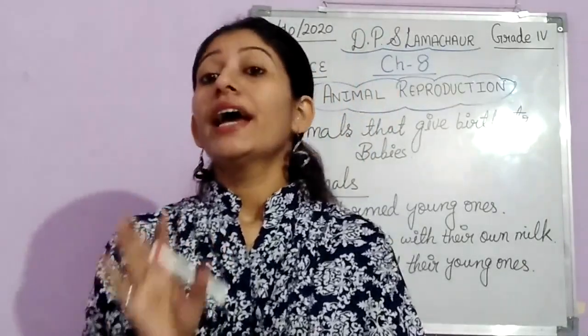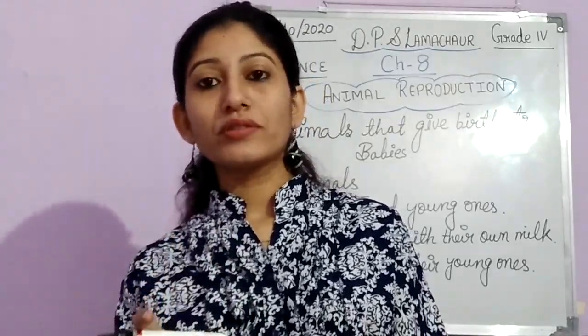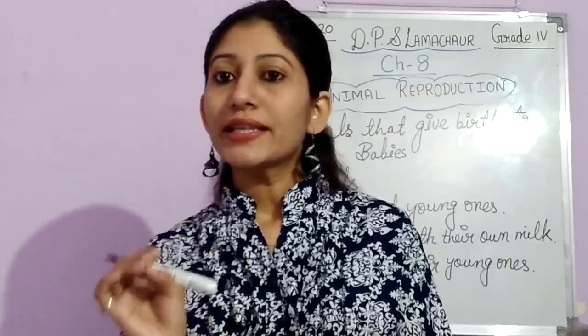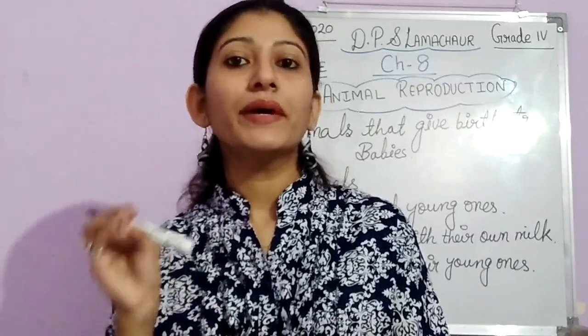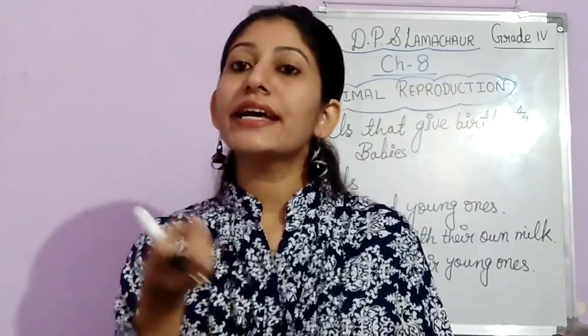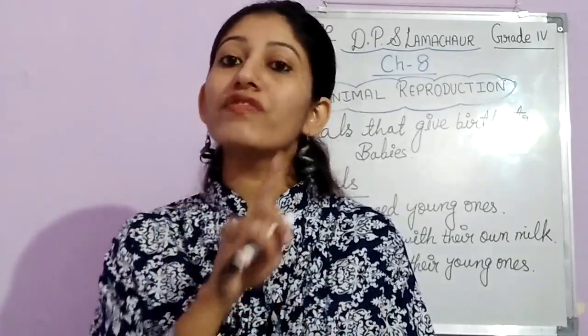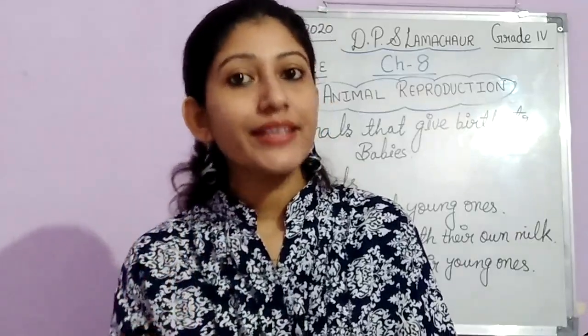Okay. देखिए, I have told you in previous chapter also that in science whenever we are discussing something तो usually चीजें वैसी होती हैं, but in many cases there are exceptions also. जो हम generally सबके लिए पढ़ते हैं उनमें से कुछ exceptional cases होते हैं. तो जैसे हमने यहाँ mammals के कुछ features पढ़ लिए, but now again some exceptional cases are here like spiny anteater and duck-billed platypus lay eggs. जबकि वो हैं mammals, they come under the category of mammals only, but they lay eggs instead of giving birth to young ones. This is the difference.